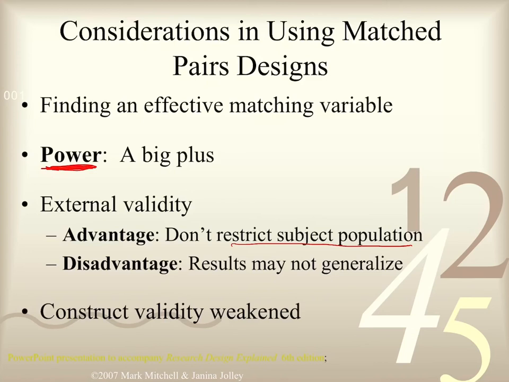And similar to this, our construct validity may be weakened because the matching process may tip off participants about the hypothesis. So if they take an IQ test to begin with, it may tip people off when they then receive tutoring to say, oh, I think these guys are going to want to know my scores on that exam. And so people may work at a different level.